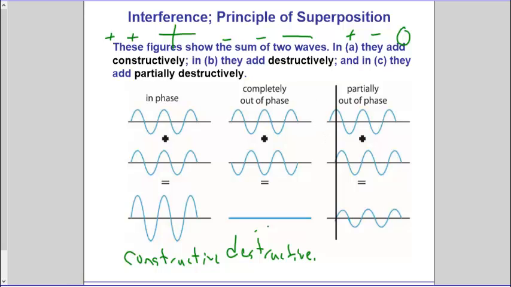In the slide they say it's partially destructive, and that's a case of whether the glass is half full or half empty, whichever you prefer. There's partial interference, if you will, and we will have two large waves giving us a moderate size wave because they're slightly out of sync.